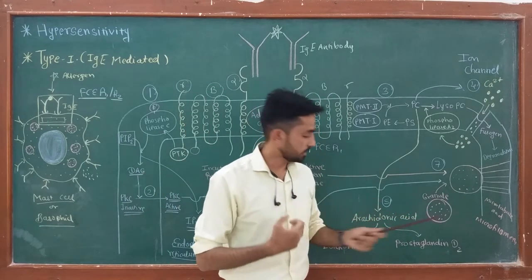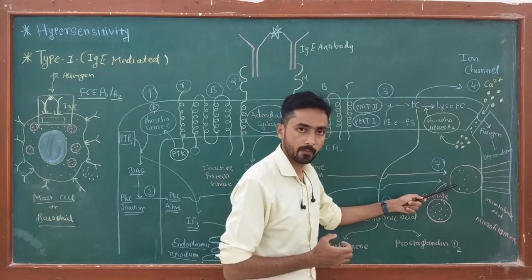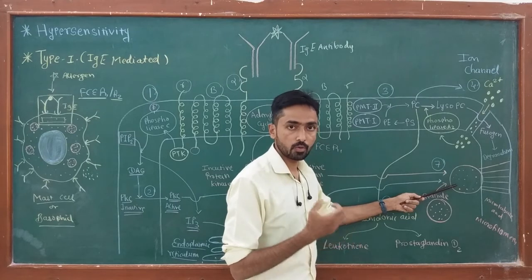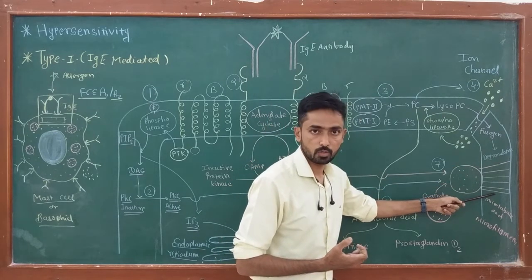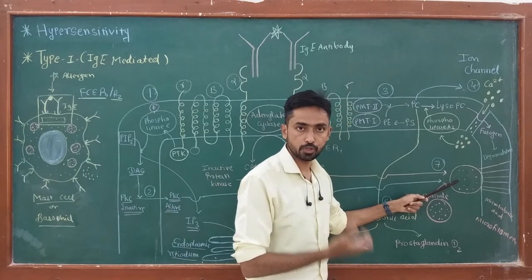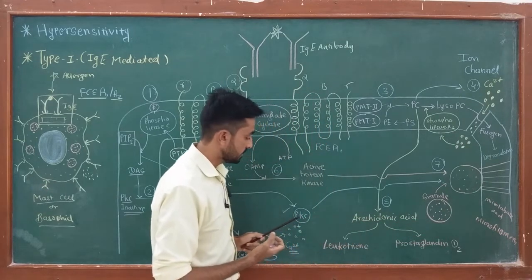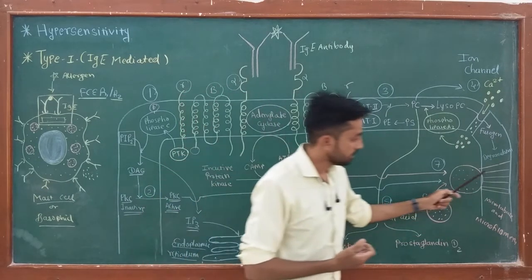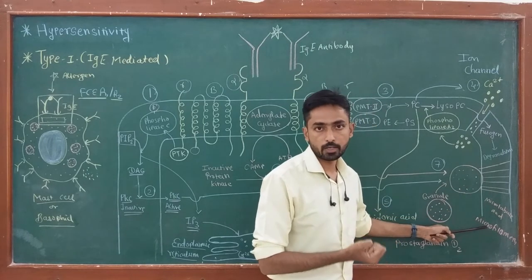Due to entry of water inside the granules, the size of the granules is increased, and these granules are now ready to fuse with the plasma membrane, because for degranulation, fusion of the granules with the plasma membrane is required. This PKC also helps in assembly of microtubules and contraction of microfilaments.